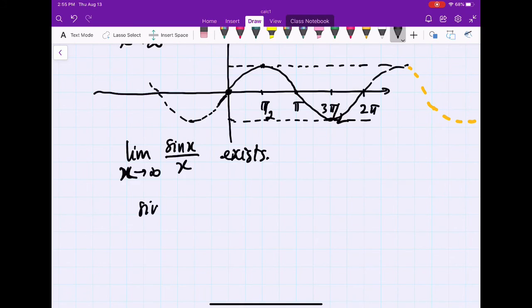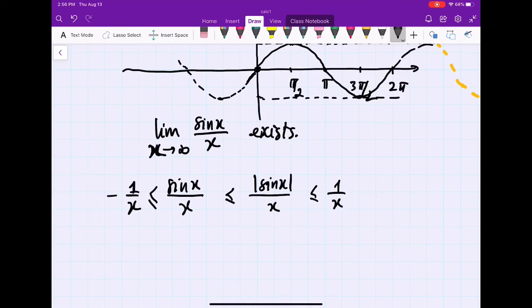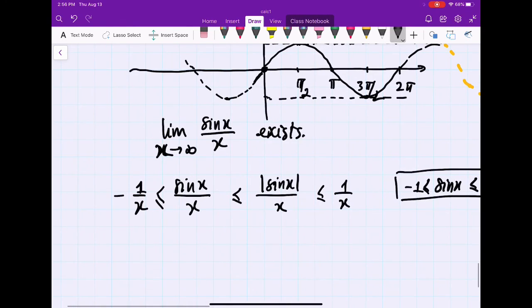Because we know exactly the absolute value of sine x over x is less than or equal to 1 over x. And of course, sine x over x is greater than -1 over x. Is that correct? Because sine of x takes values between 1 and -1. Right? So that's why we have this.